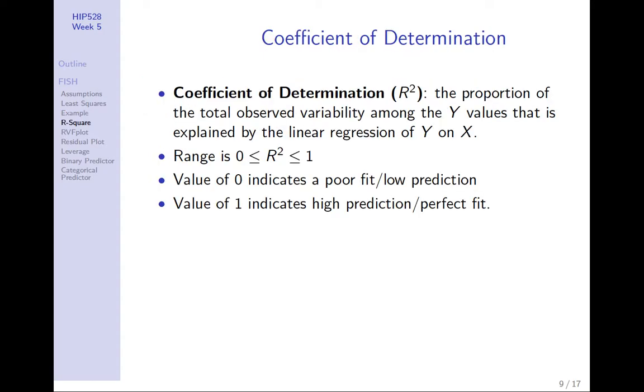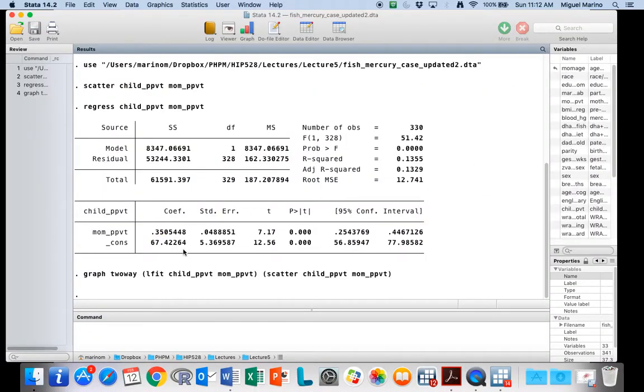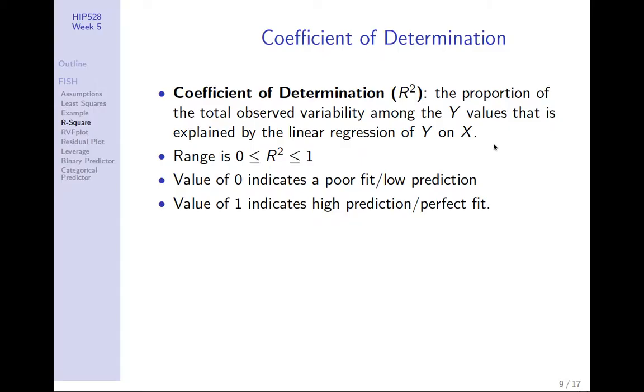Just to recap, the coefficient of determination is the proportion of total observed variability among the y values that is explained by this linear regression. If we go back to this regression, that's represented here, and that R squared is about 14% of the variability in children's intelligence being explained by this regression model that includes mom intelligence. That's a pretty good number, but it's still on the lower end of the range.